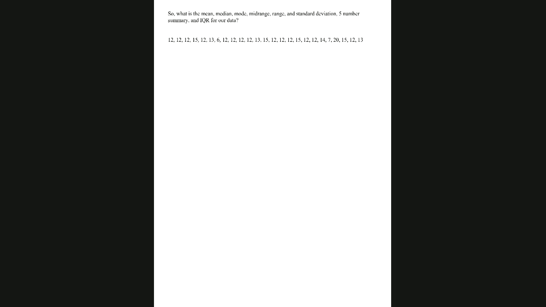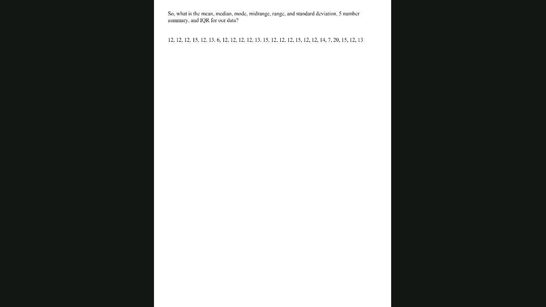So what I want us to do is find the mean, median, mode, mid-range, range, standard deviation, 5-number summary, and interquartile range for our data.